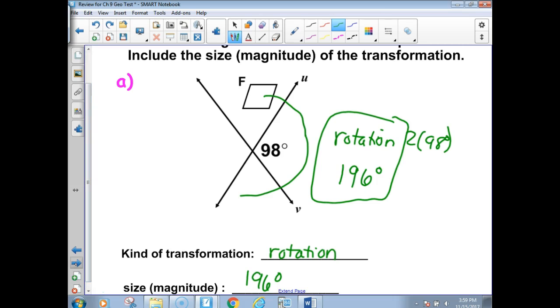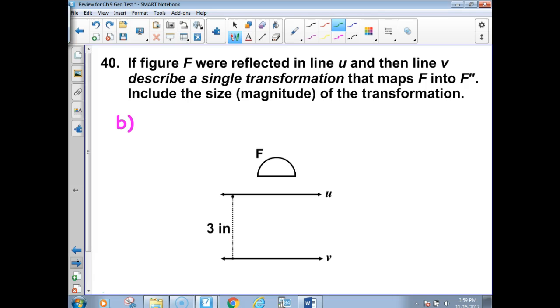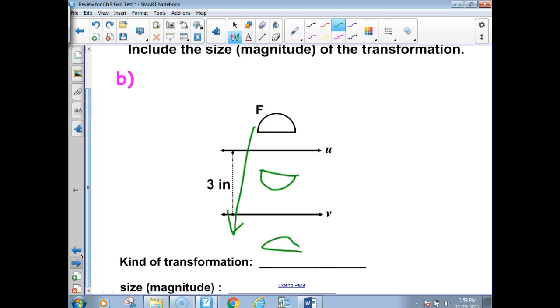And then B, if a figure is reflected twice over parallel lines, the first reflection would do something like that. Then you would flap it over again, and it would turn back the other way. What happens is you get a translation, and it is in your ISN.